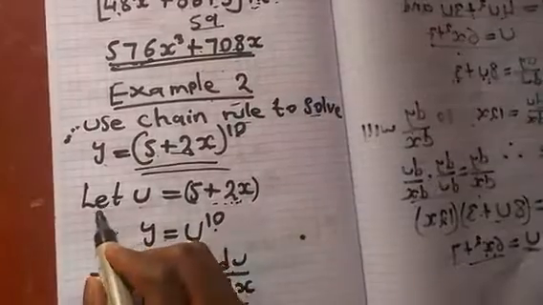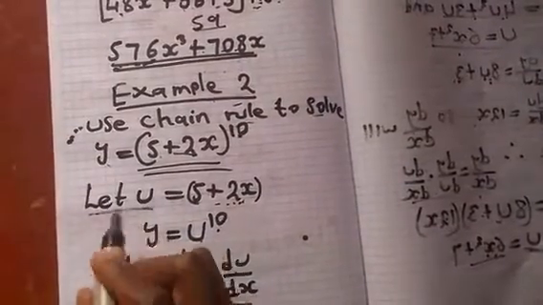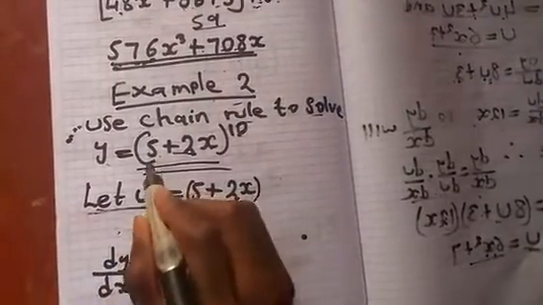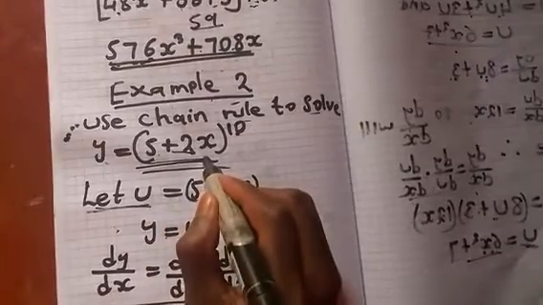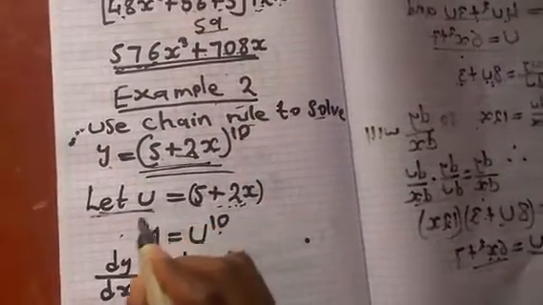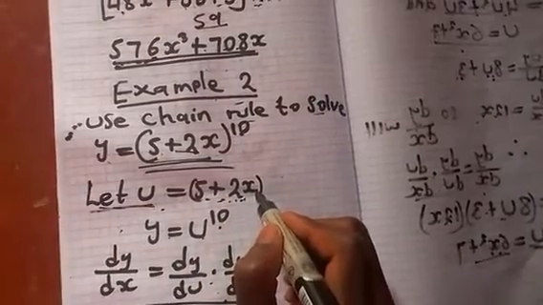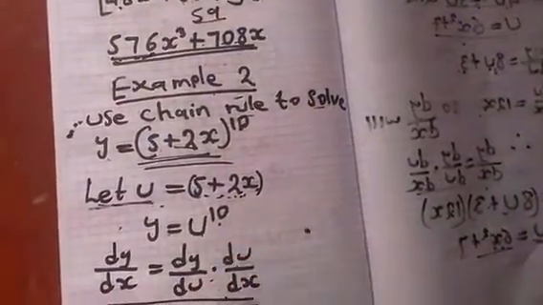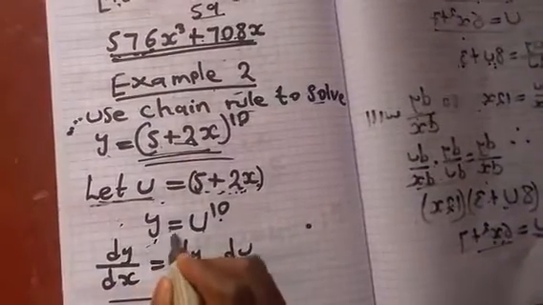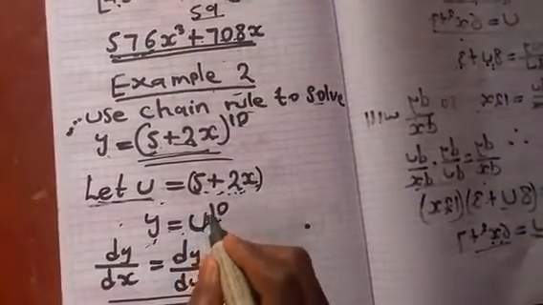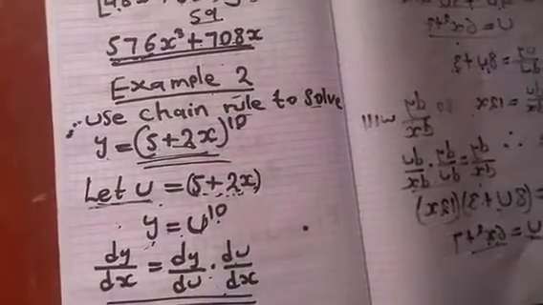We say let u be the function with x, this value that has an x. So let u be 5 plus 2x. After letting that, we rewrite our equation as y is equal to u raised to power 10.